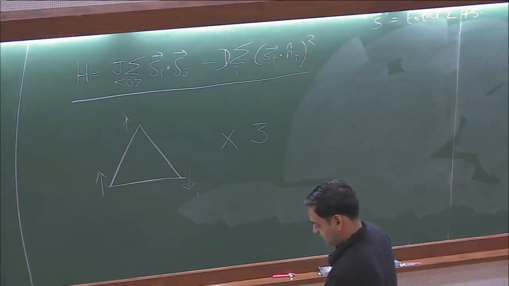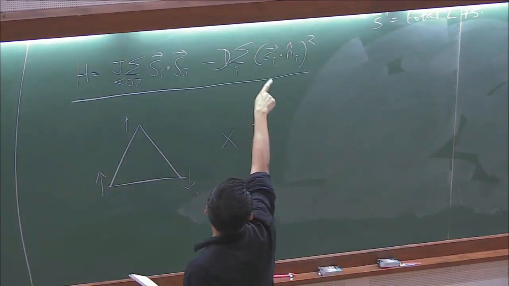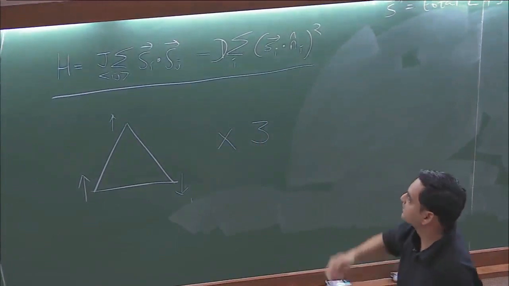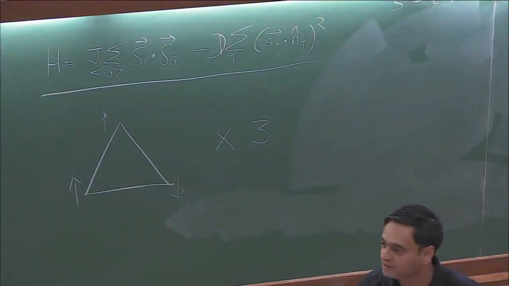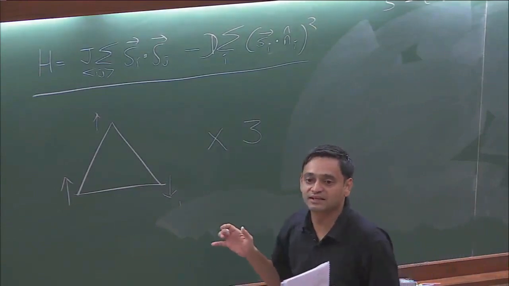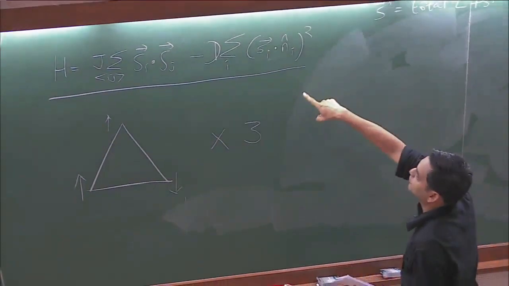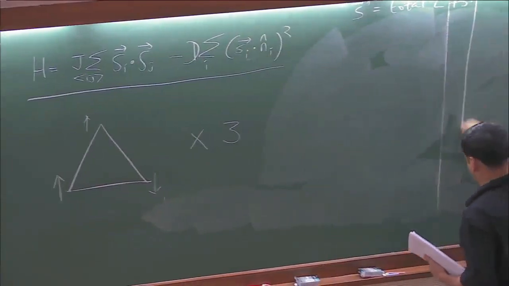So this is actually a very common sort of model for several real materials. So let me use that as an opportunity to introduce some materials and lattices. So the first example is, like I was talking about, the triangular lattice.